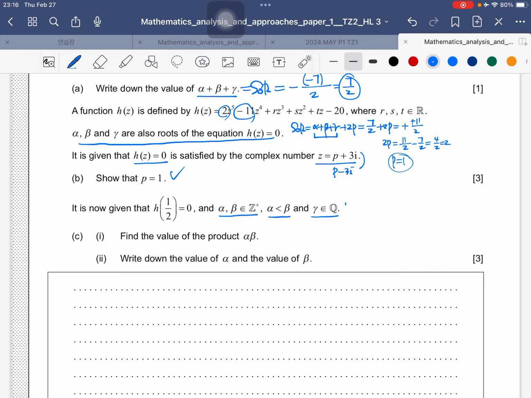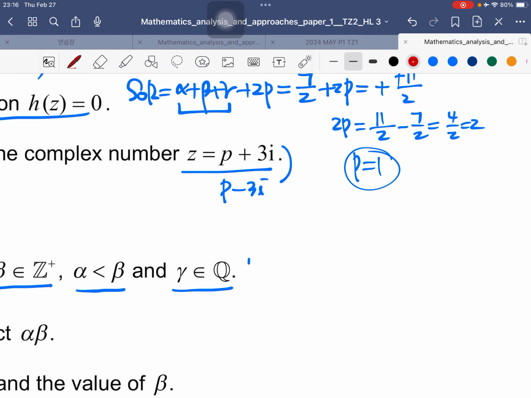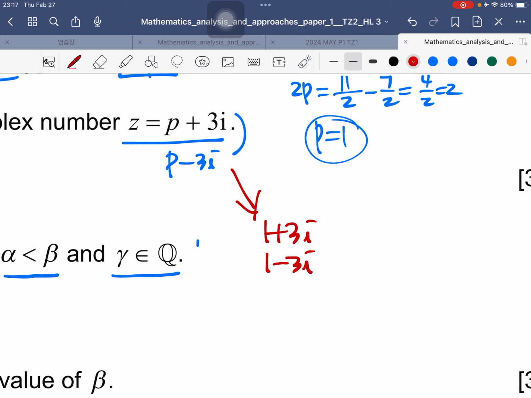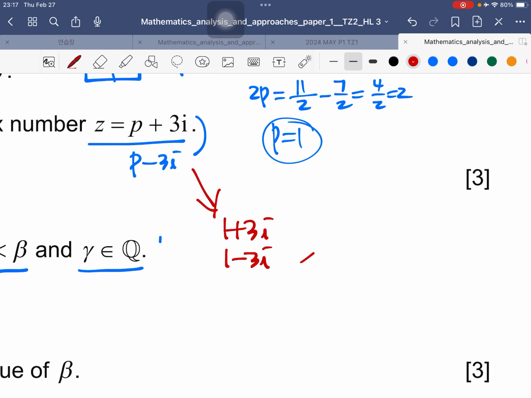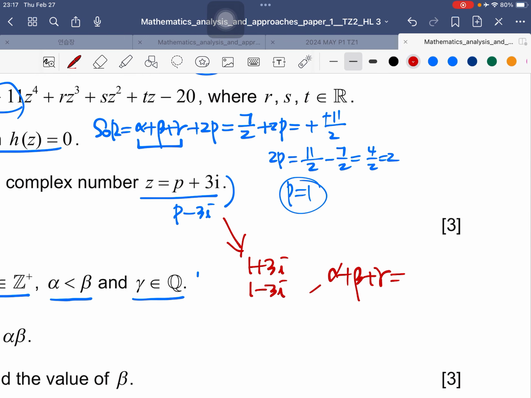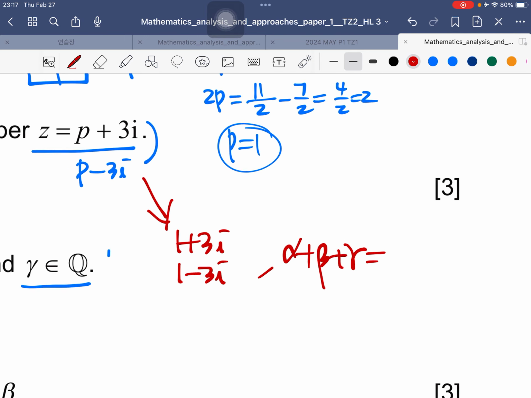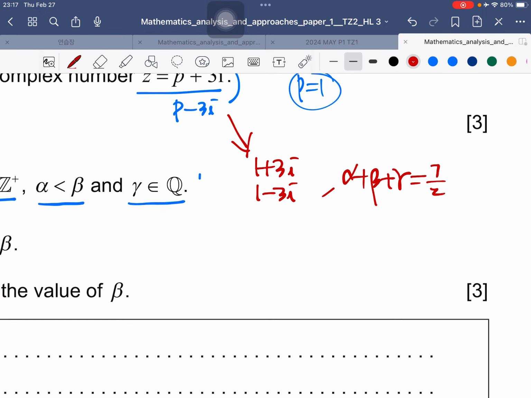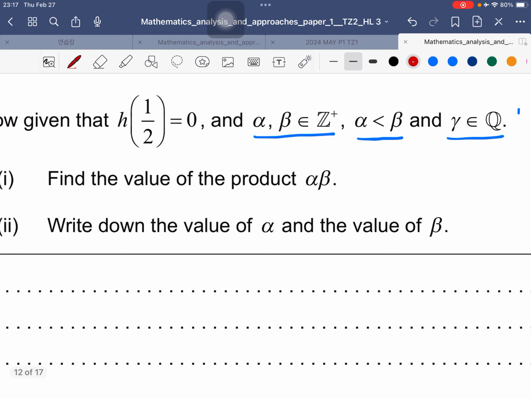So p is 1, so now this complex root is 1 plus 3i, and the other one is 1 minus 3i. And the other fact we know is that alpha plus beta plus gamma is 7 over 2.